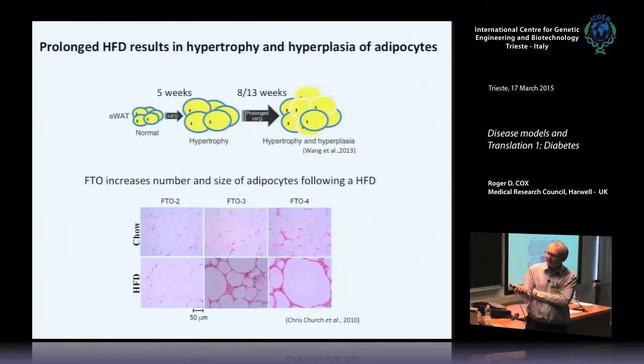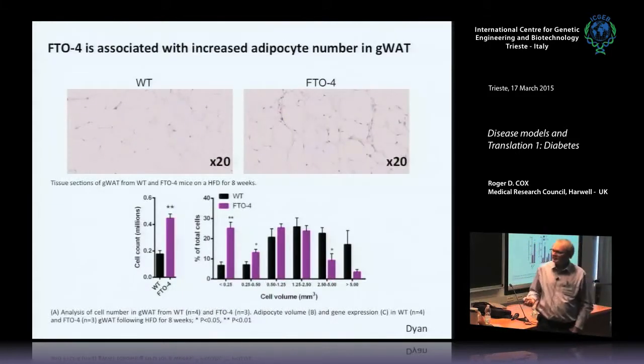And as I showed you earlier on, our high-fat fed FTO4 mice showed an increase in the size of adipocytes and also in the number of adipocytes. When we counted them, the number was increased in the FTO4 overexpression mice. And if you look at the distribution of the sizes of these adipocytes, we found there were more small adipocytes as well.